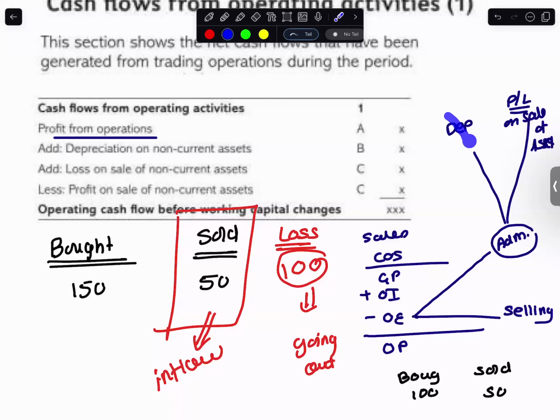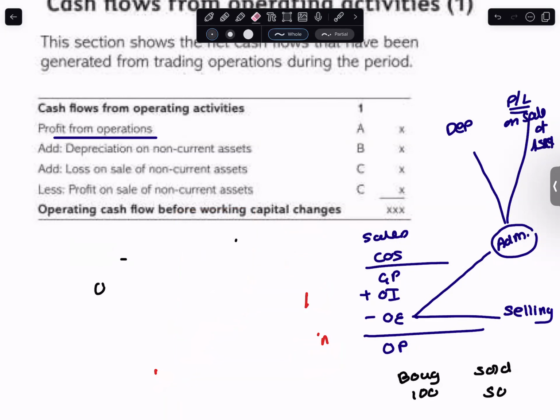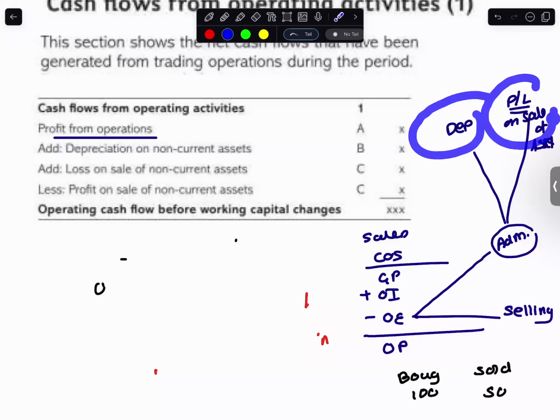But does depreciation have anything to do with your cash flow? No, because there is no inflow or outflow of cash. And even for the loss on sale of non-current asset, there is no inflow or outflow of cash. So what do I do? What I already deducted, but has no connection with the cash flow, I will add it back.